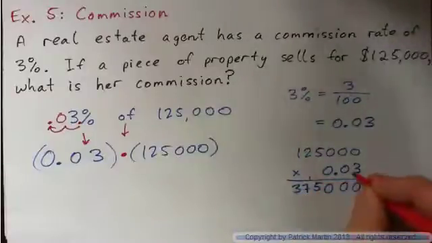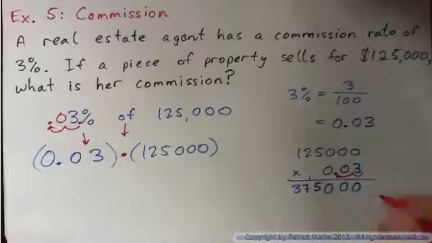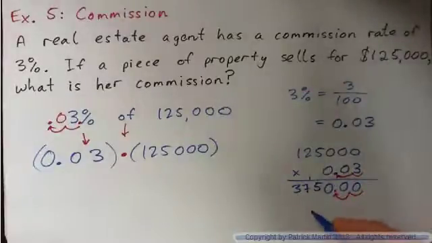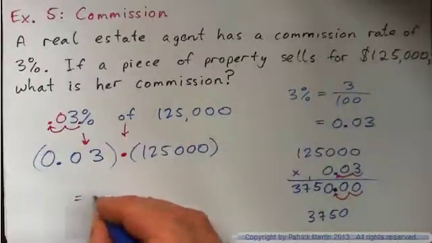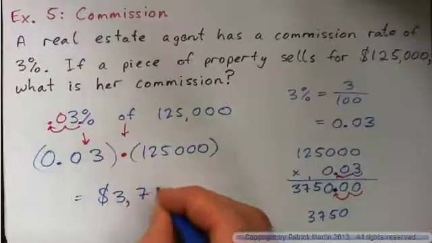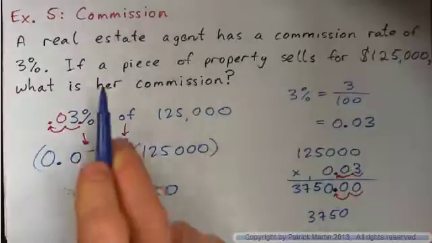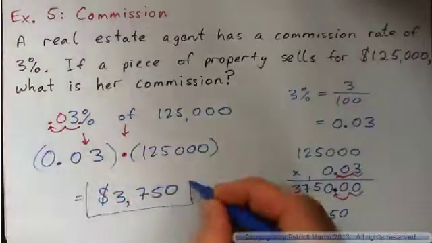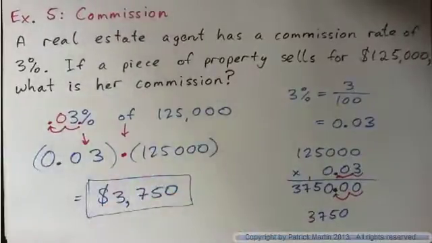I have 2 decimal places in the question, so I need 2 decimal places in the answer. So I get 3, 7, oh, that's the decimal point there, 3750, okay? And that's a dollar amount, $3,750. If a piece of property sells for that amount, her commission is $3,750. So selling one of those a month would probably do, right?